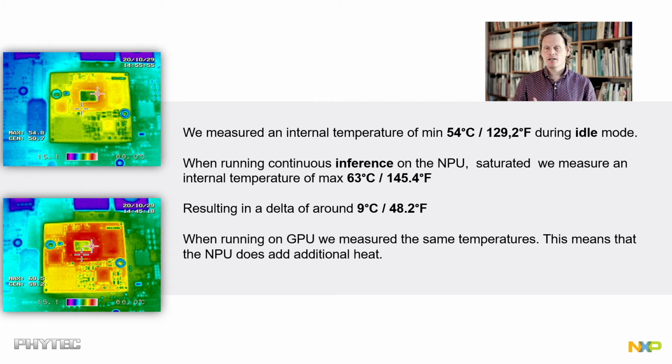This is actually a delta of 9 degrees, and that was the internal temperature. If you measured the external temperature, we noticed that we get a maximum of 60 degrees Celsius, but that depended a bit on whether you had the window open or not, so passive cooling might make the difference. Running on the GPU actually didn't show any difference to running an inference temperature-wise.